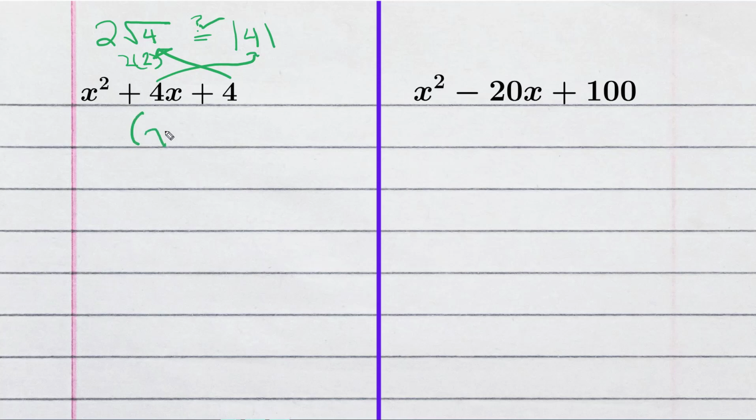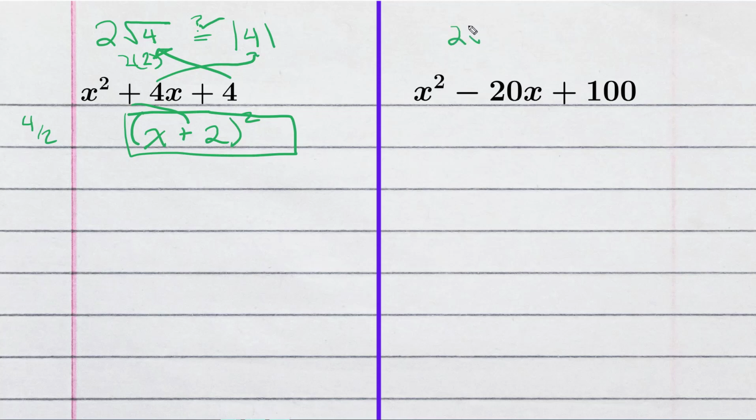So you're going to do x, drop this sign, and then you'll take 4 divided by 2, and that gives us 2. And that's it factored. Let's do it again over here.